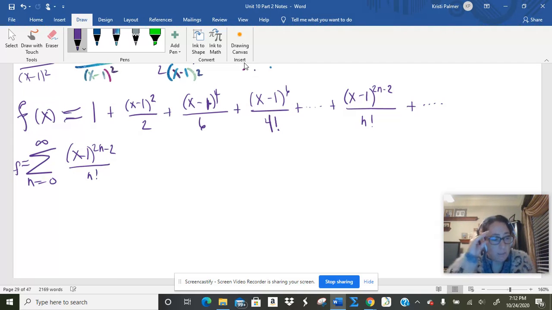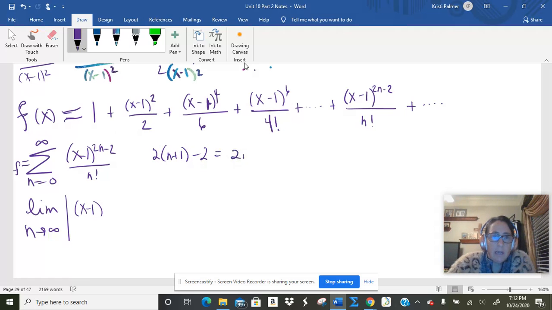So it wants us to use the ratio test on him, and let's go for it. So first we're going to do the absolute value of the n plus 1. So if I do 2 times the n plus 1 minus the 2, I have 2n plus 2 minus 2, which gets me to 2n. Okay.